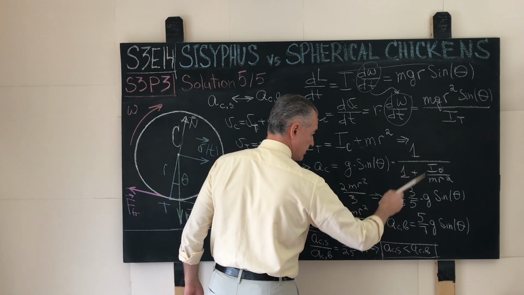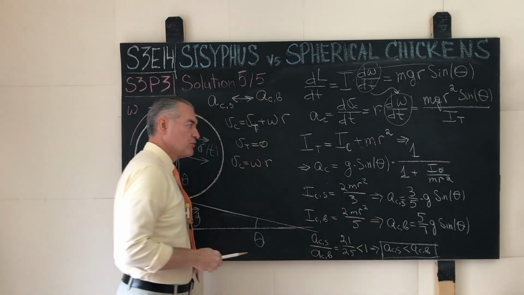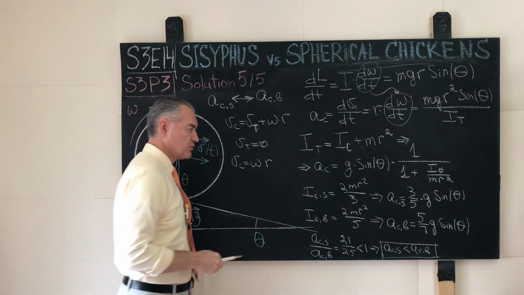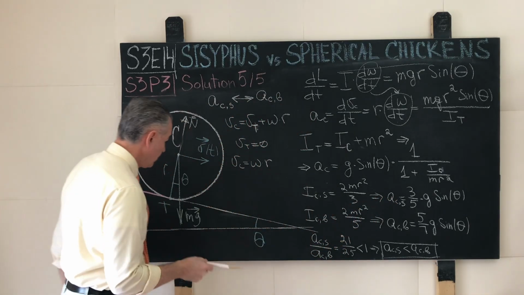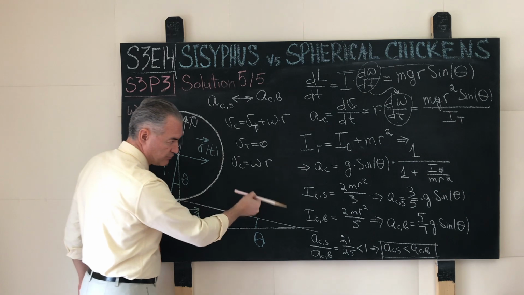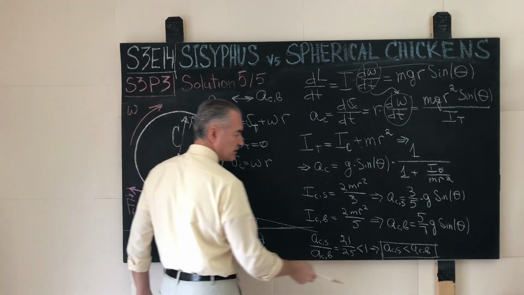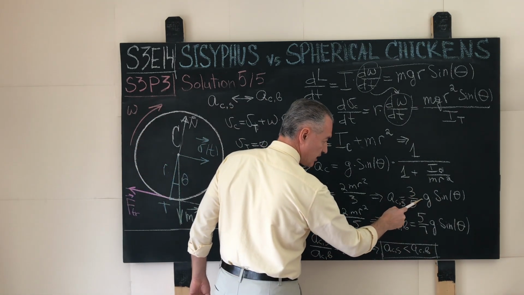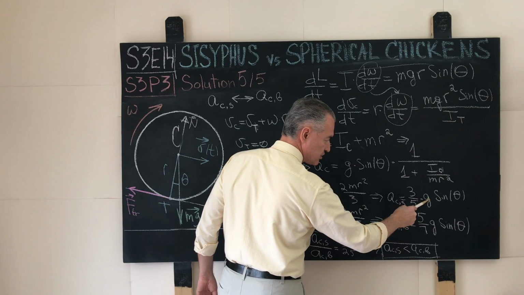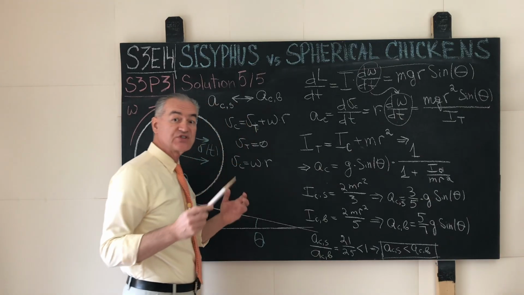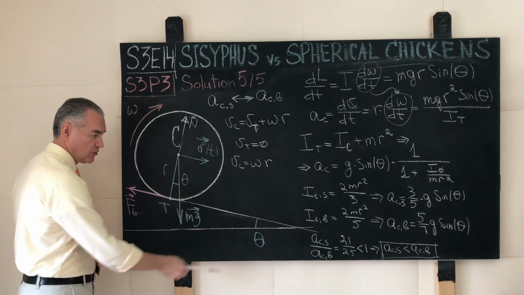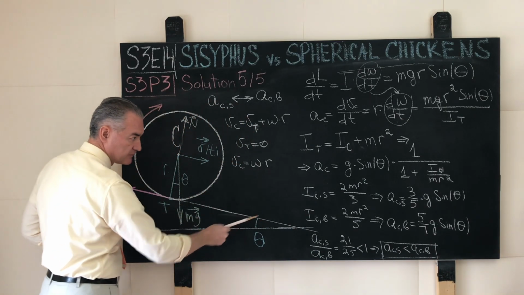Multiply everything by 3. 3 goes in the numerator, 5 goes in the denominator. So the linear acceleration of the center of mass of a sphere when it rolls down the inclined plane in the prescribed fashion will be 3/5 times g, the acceleration due to gravity, times the value of the trigonometric function sine of what angle? Of the angle of the incline.